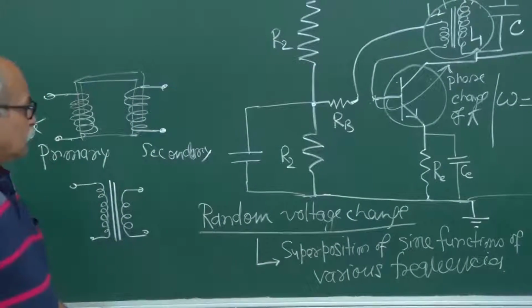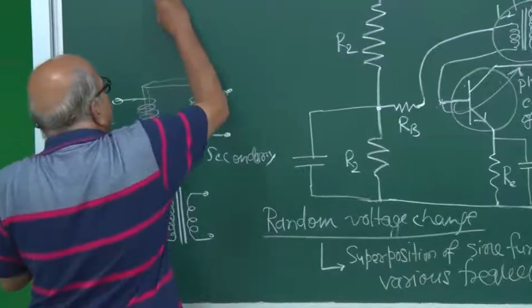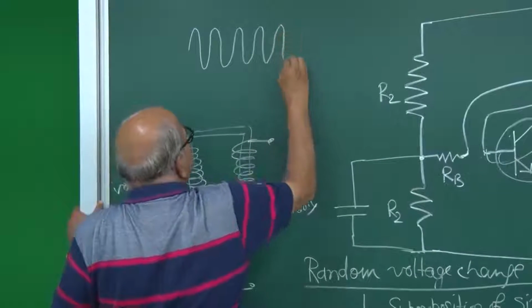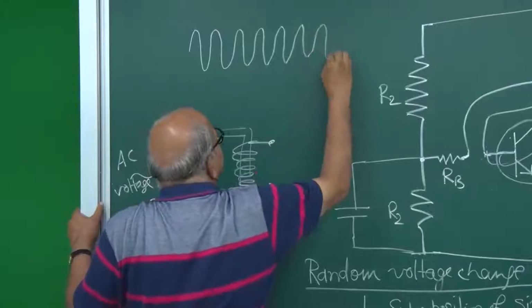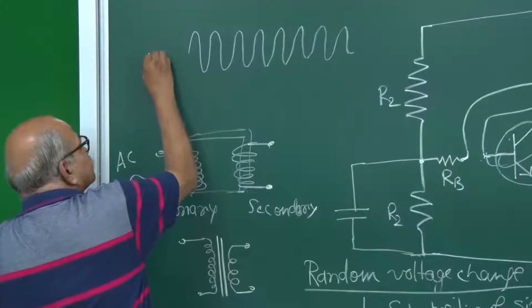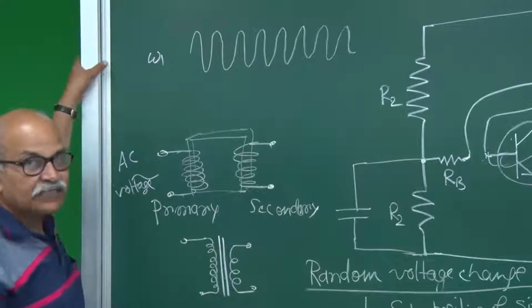See, a sine wave is just like this, or a sine function is just like this. It has a definite frequency. Let us say this is angular frequency omega 1.